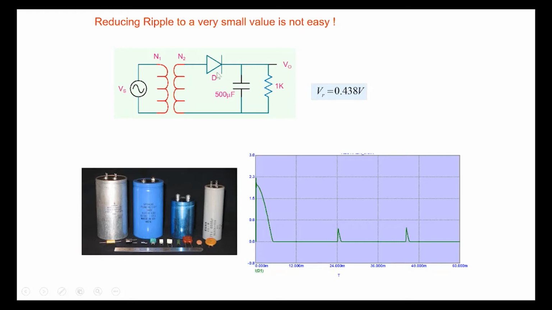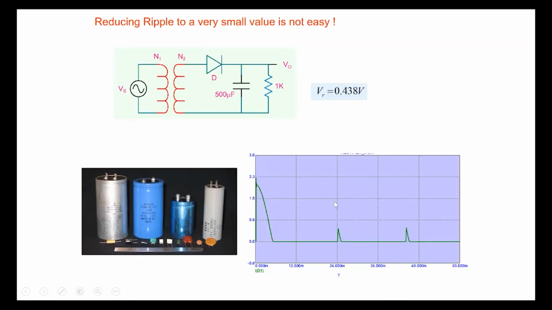Therefore, the peak value of the diode current becomes higher and higher. So as you increase C, ripple goes down, but the peak diode current becomes higher and higher, and that puts a stress on the diode. So you have to choose a diode which can handle that large a value of peak current.